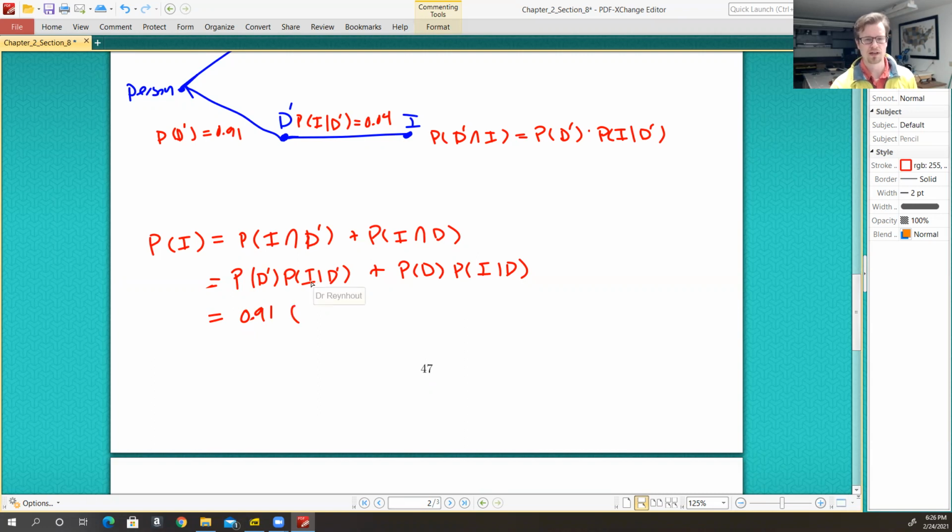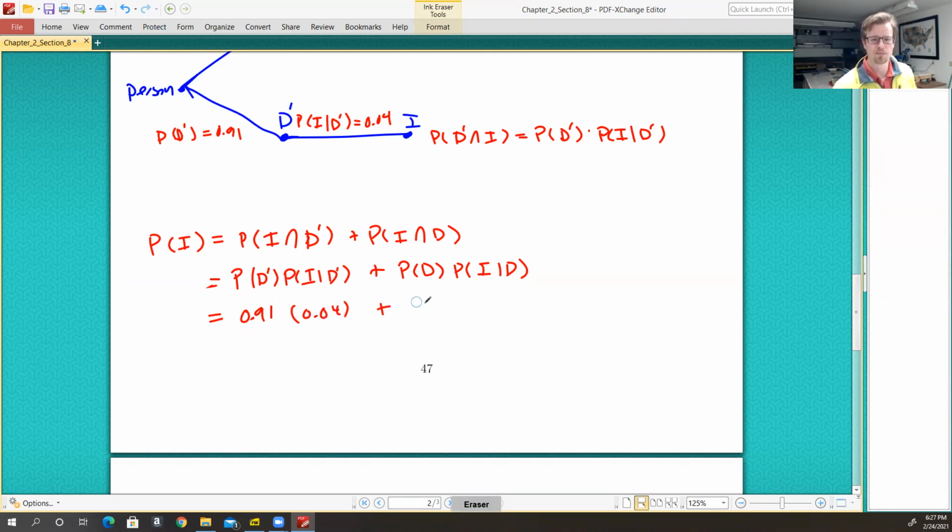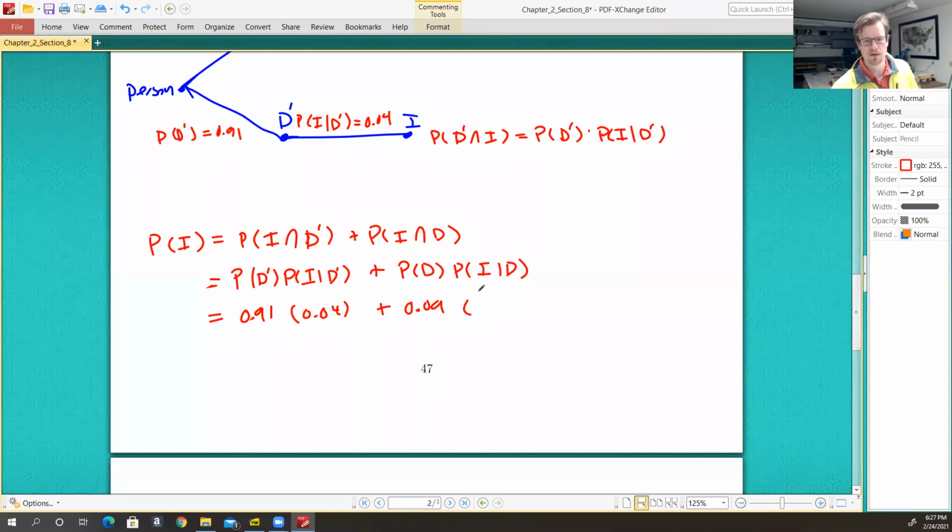Probability of being identified given that they don't is 0.04, plus the probability that they are diabetic, which was 0.09, times the probability that they'll be identified given that they do, 0.93.